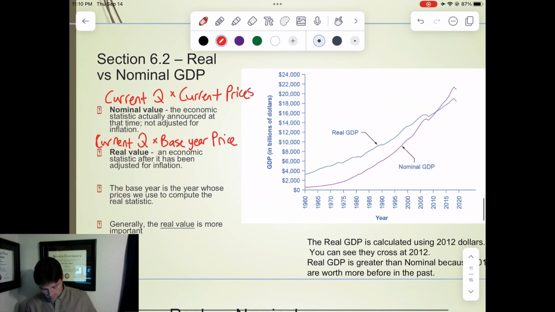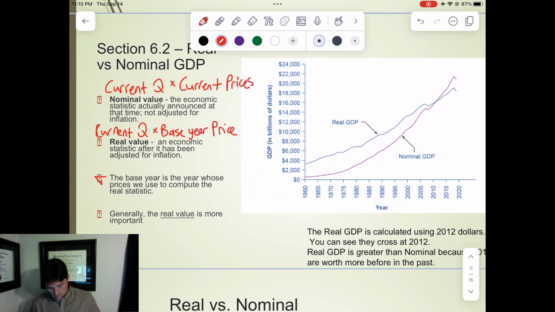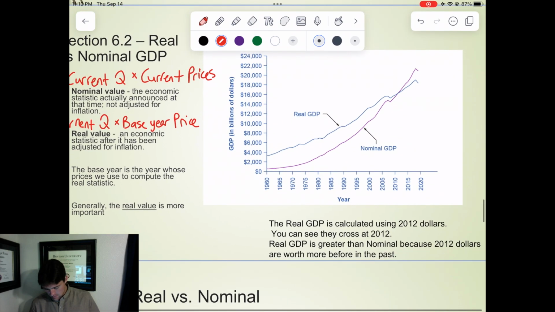The base year is the year where the prices are from. For instance, if 2012 is the base year, everything is in 2012 dollars. So how much was the value of something in 2012? Those prices, but in today's quantity. That's really what we're trying to do here.